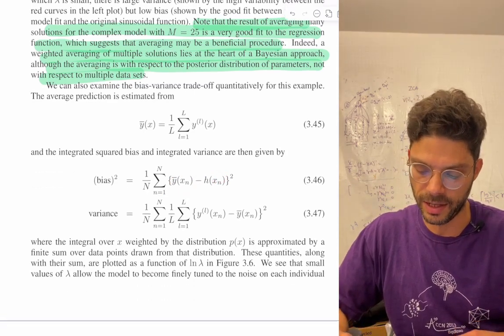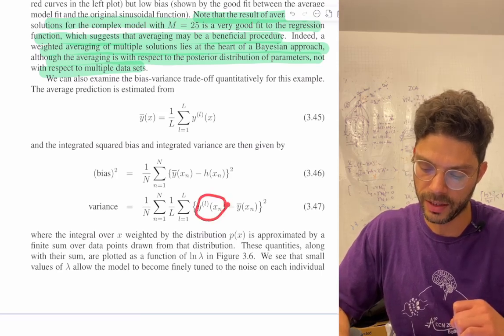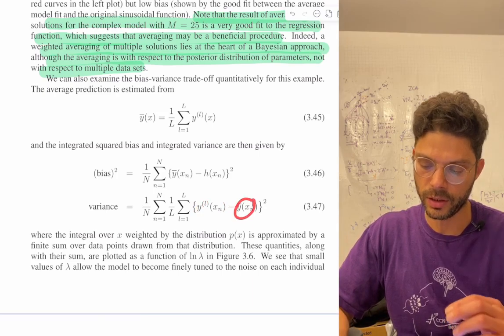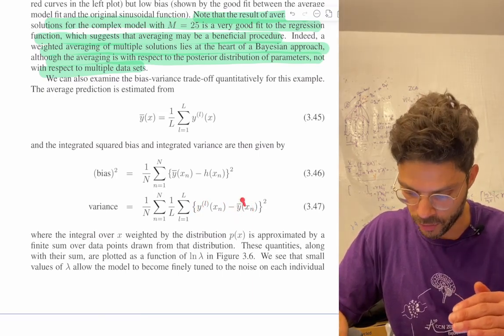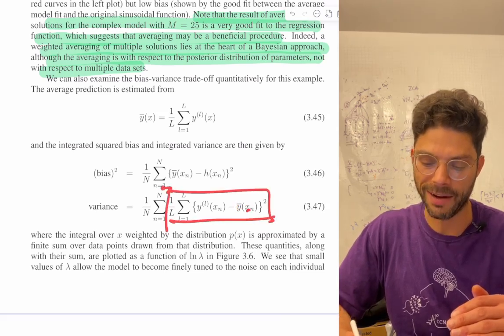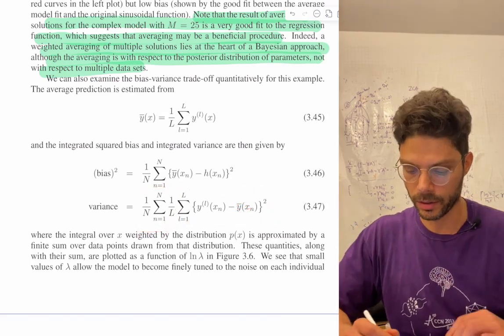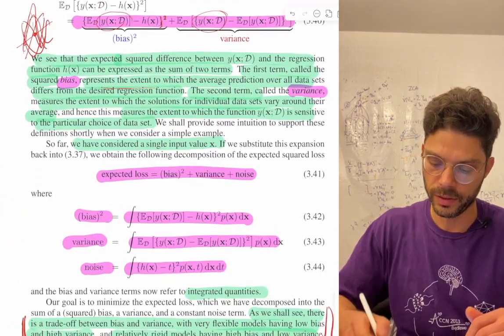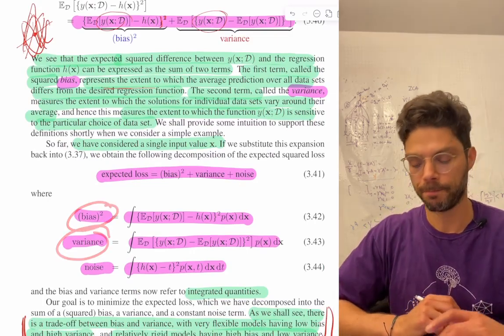The variance is the same thing. We have the y for a given data set minus the mean prediction over data sets at that point, and then averaged over all of the points. That's our approximation of this term and that term.